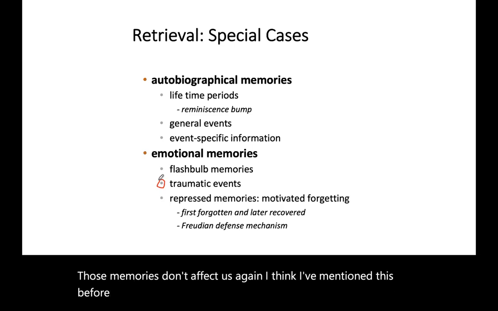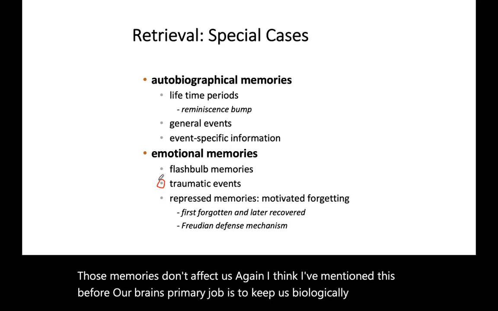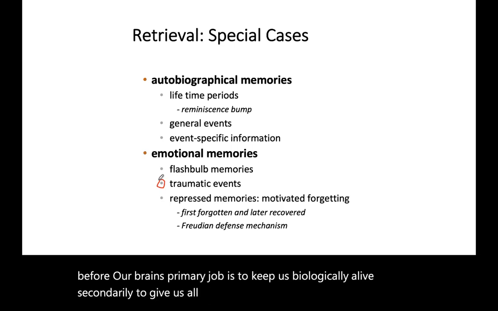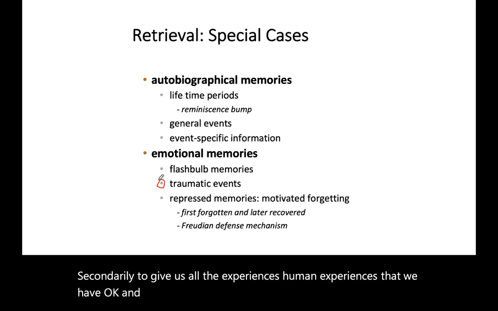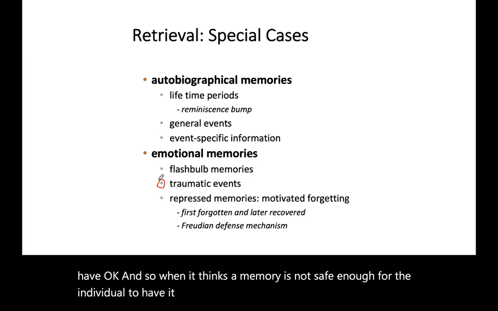Our brain's primary job is to keep us biologically alive. Secondarily, it's to give us all the human experiences that we have, okay? And so when it thinks a memory is not safe enough for the individual to have, it can block the recollection of that memory, okay?